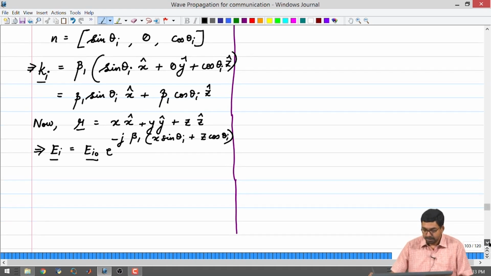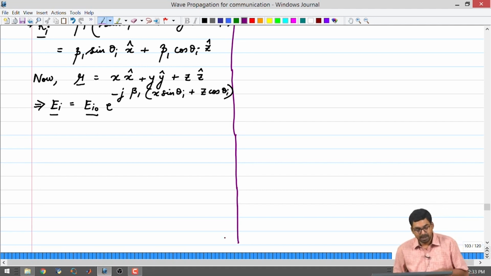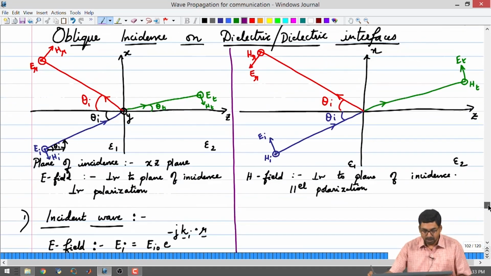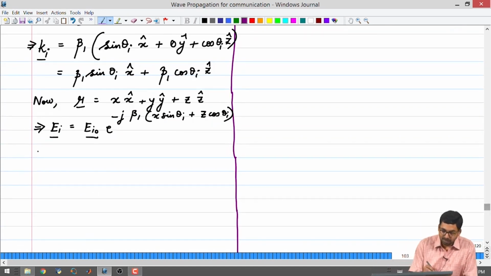Now, in order to go a little bit further, now that we have the expression for the incident wave, why don't we try and write down the expression for the transmitted and reflected wave. We will start with reflected.